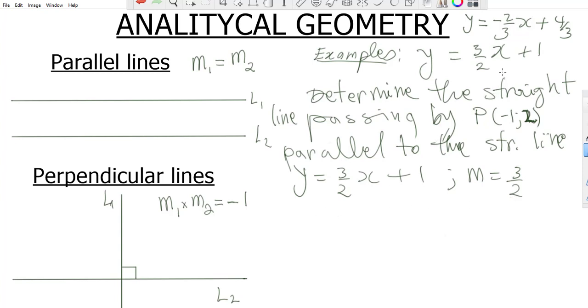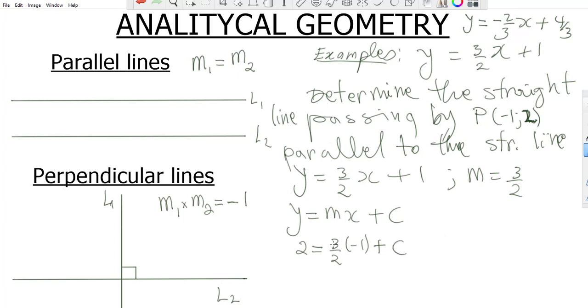Now let's go here. Because they are parallel, let's find the equation of each parallel. y equals mx plus c. The y value will be 2, the m will be 3 over 2, the x will be minus 1 instead of x, then we have c.